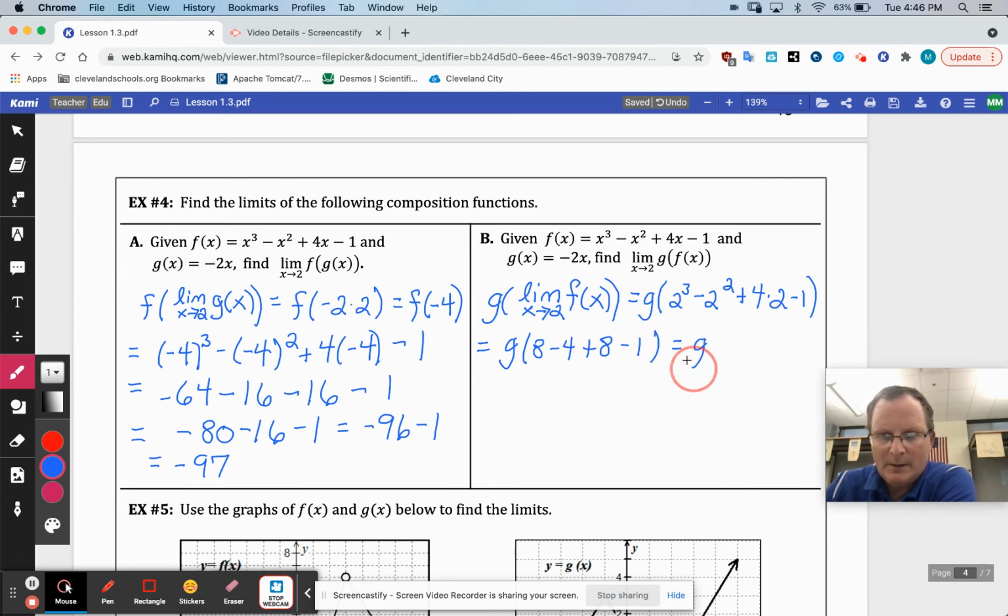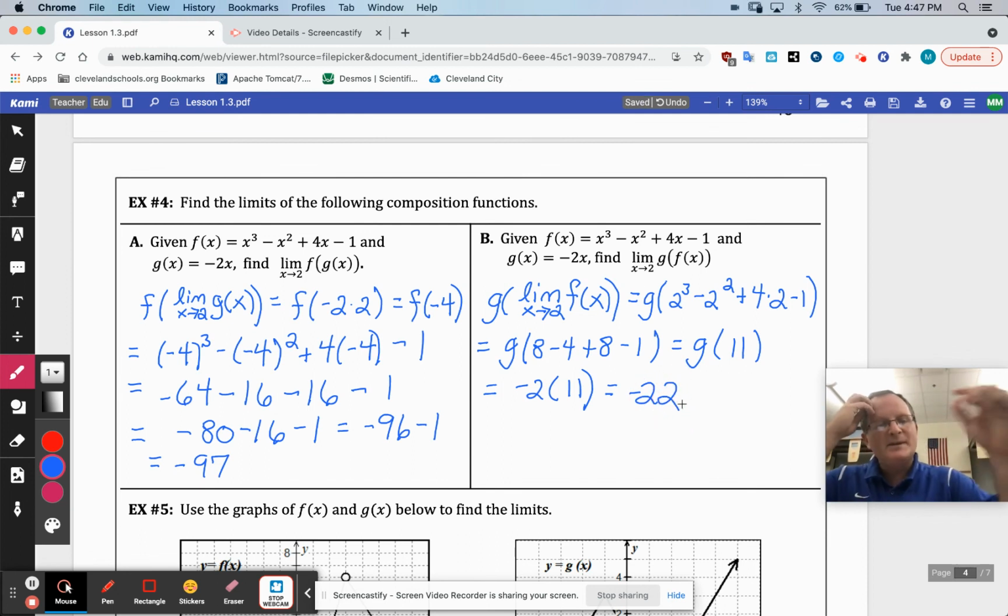So this is g of, 8 minus 4 is 4, 4 plus 8 is 12, 12 minus 1, 11. I don't feel like I've made any mistakes, but you never know. And so g of 11 is negative 2 times 11, which is negative 22.